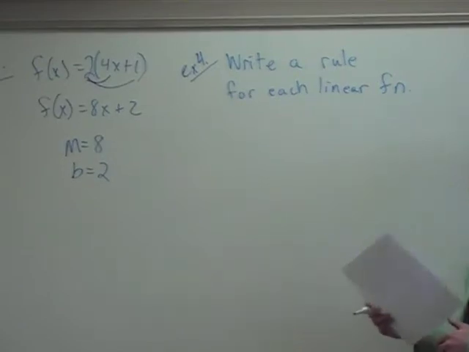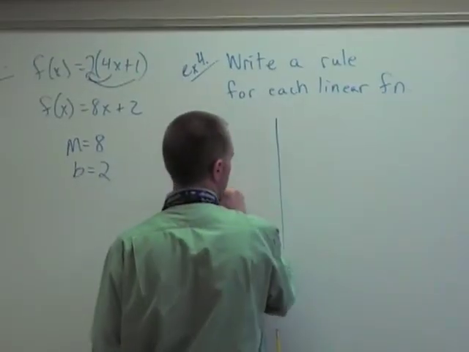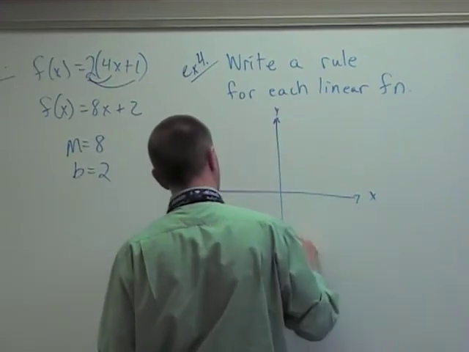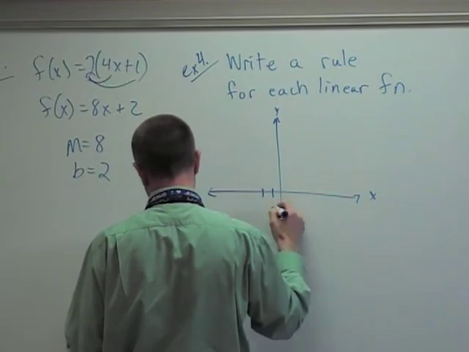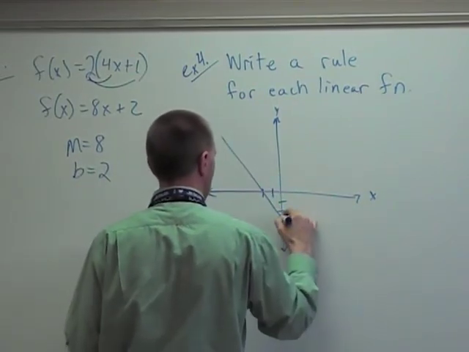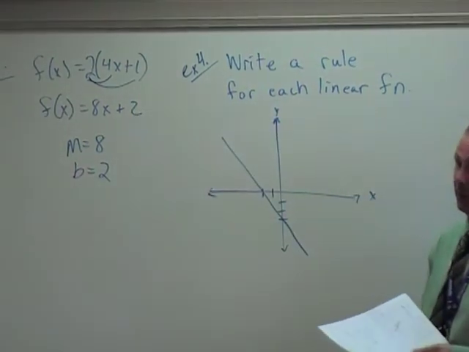Well, I'm going to give you these. So, given a graph, you ought to be able to give me the equation of this line, or write a rule for this line. How do we do that?